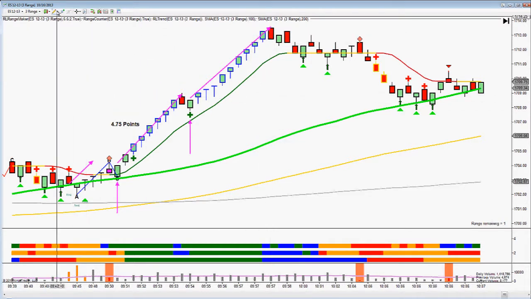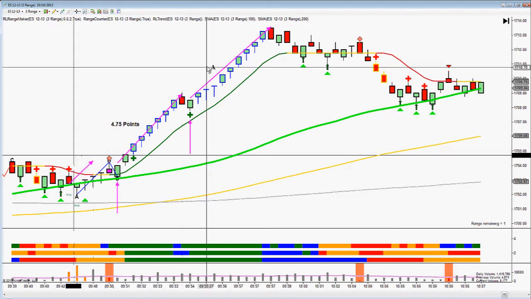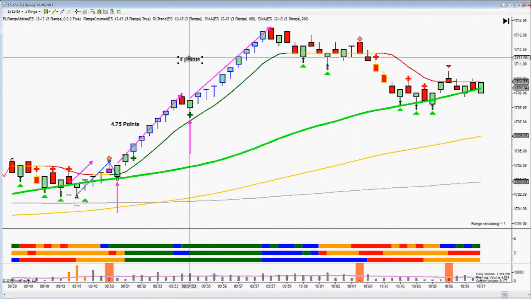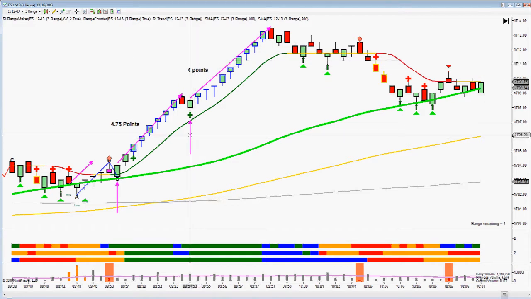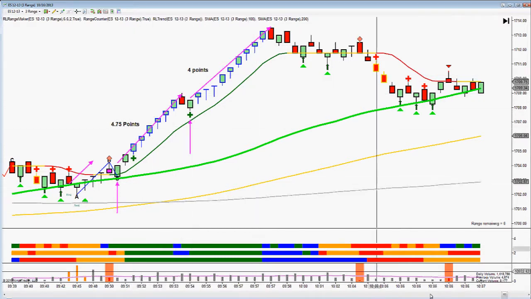So it's a 4-point move. So on a very clear-cut signal, we get 4.75 points and 4 points.